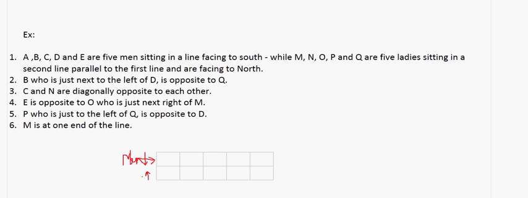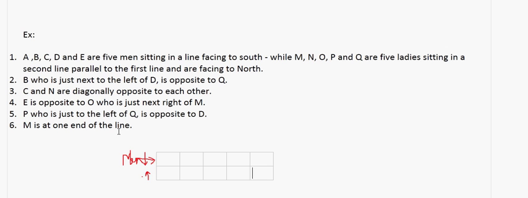E is opposite to O, who is just next right to M. So O is just right next to M, right? Still we don't know where is M. Then it says P, who is just to the left of Q, is opposite to D. Still we cannot place it.